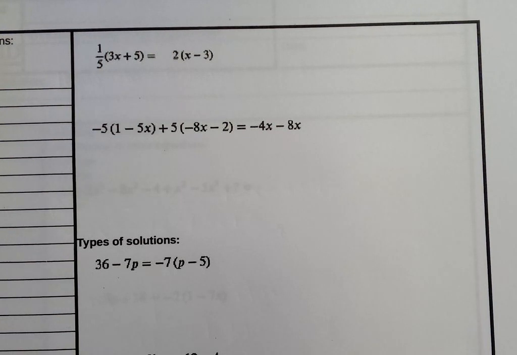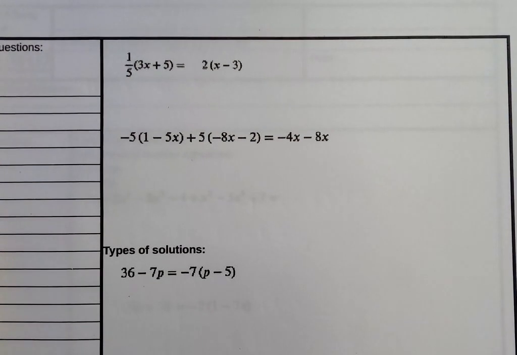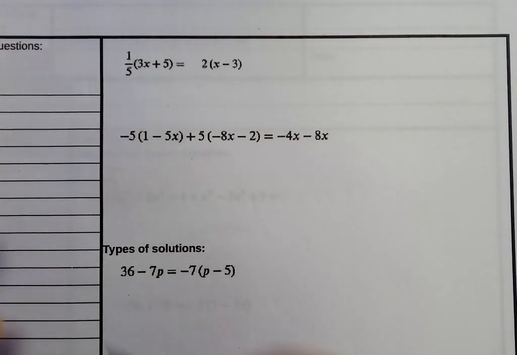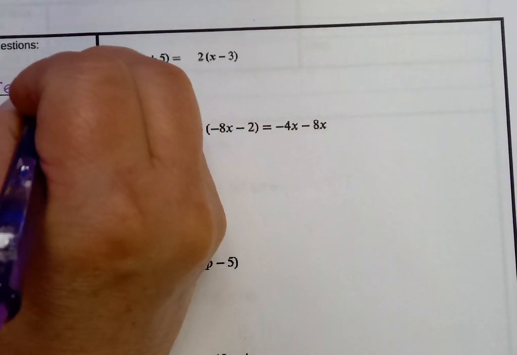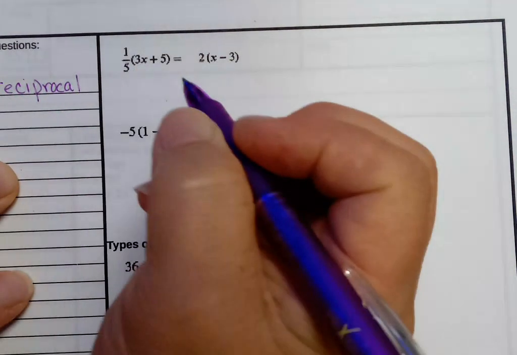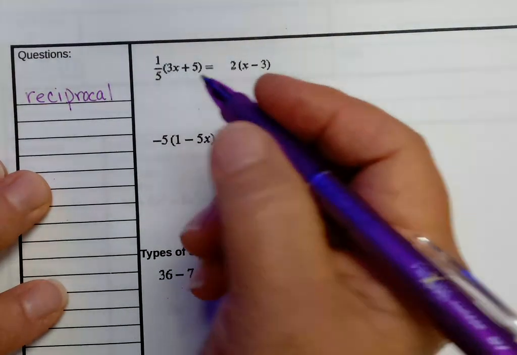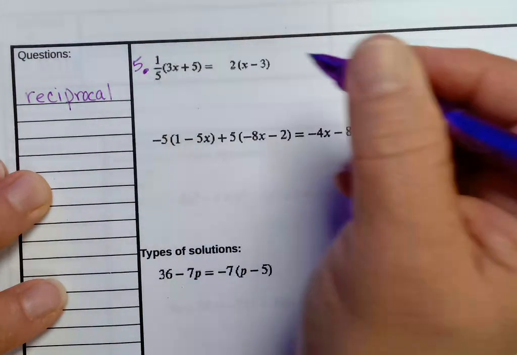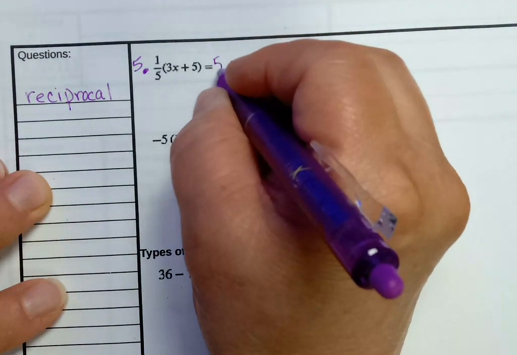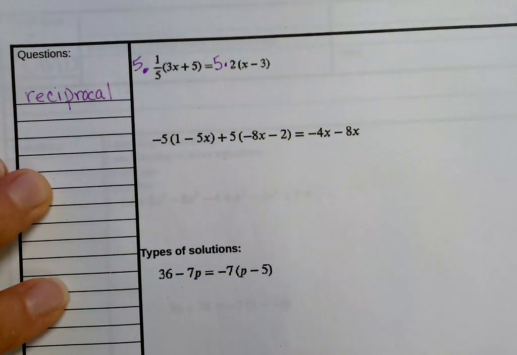Well, we're talking about the reciprocal. So the reciprocal of 1/5 would be 5. So I'm going to multiply both sides by 5. That will get rid of my fraction and make my life so much easier.